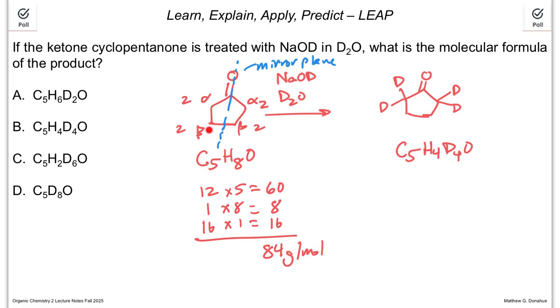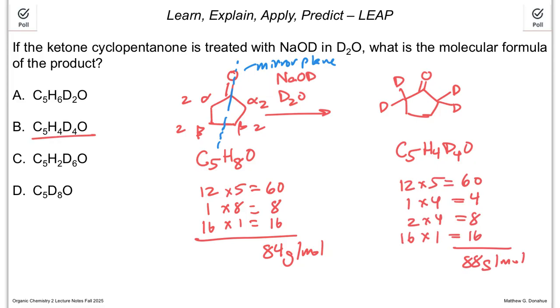That happens because the beta C-H bonds are not acidic. We're basically labeling each alpha carbon with deuteriums. So really we've increased the mass by 4 in this case, so we end up with 88 grams per mole.